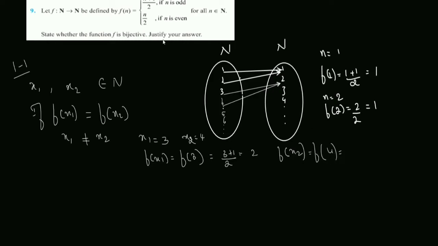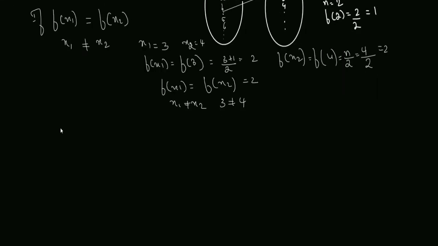If it is an even number, the function is n by 2, that is 4 by 2, it is 2. So we can say f of x1 is equal to f of x2. Both are equal to 2, but x1 is not equal to x2 because 3 is not equal to 4. So the function is not a one-to-one function.